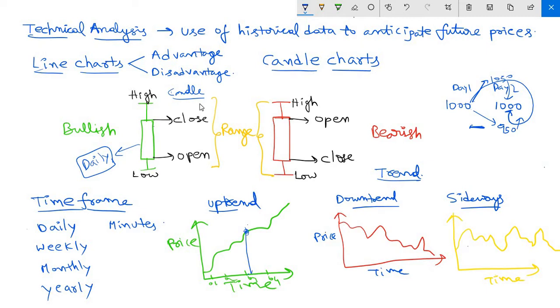So this candle is actually a part of a line chart, where instead of each point being a point, it's a candle.